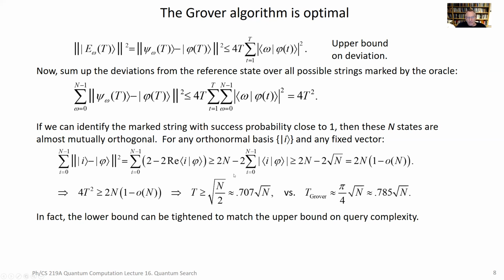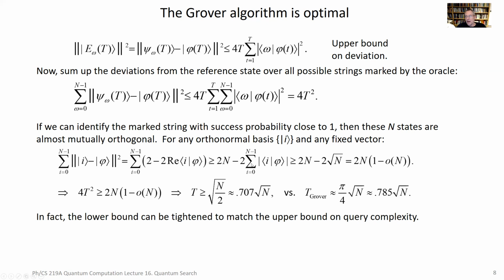Then I can get a bound by asking what's the largest that these real parts can be. They can't be larger than the modulus of the inner product, which would be the case in which the inner product actually is real and positive. And so I can write this as 2n minus 2 times the sum over I equals 1 to capital N minus 1 of the absolute value of the inner product of phi with I.